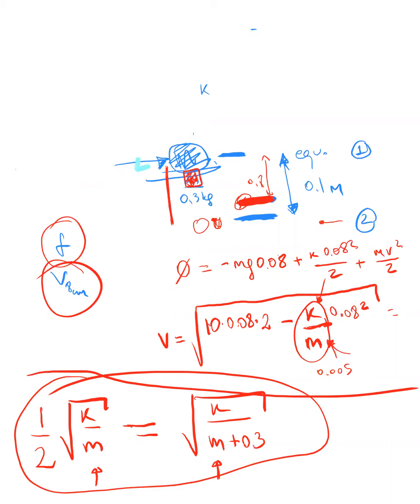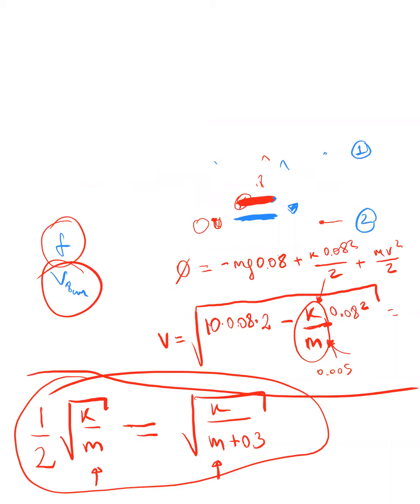Let me solve this equation up here. I will square both sides. I will get 1/4 of k over m is equal to k over m plus 0.3. The k will cancel out, and then the only unknown is m.